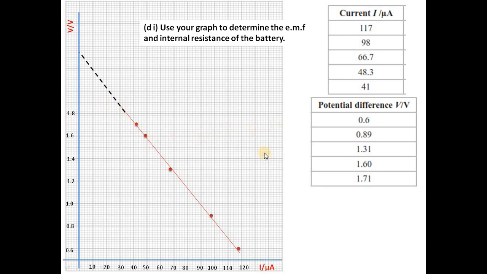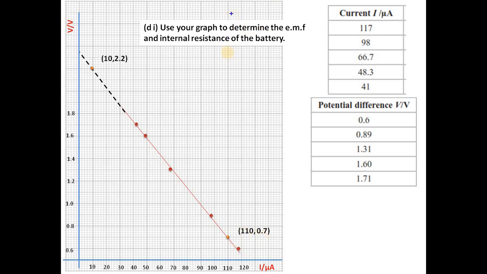We extrapolate the line like this. The value of EMF from here will be around 2.15 volts. Then I'm choosing these 2 points, and the coordinates of these points are (10, 2.2) and (110, 0.7).